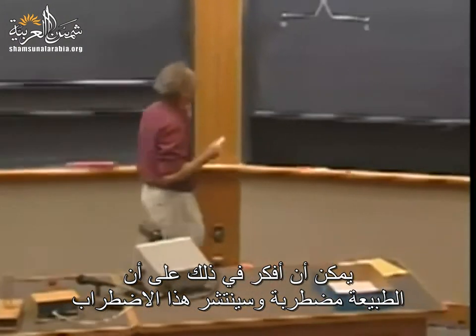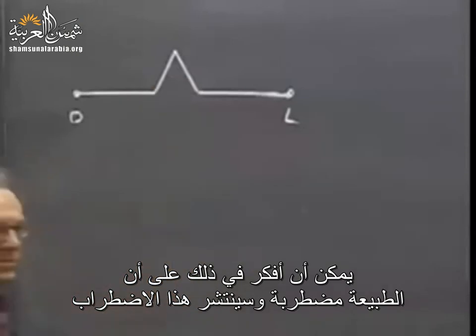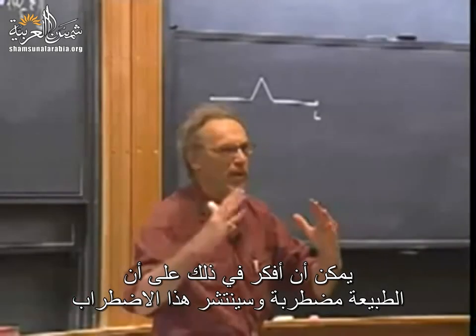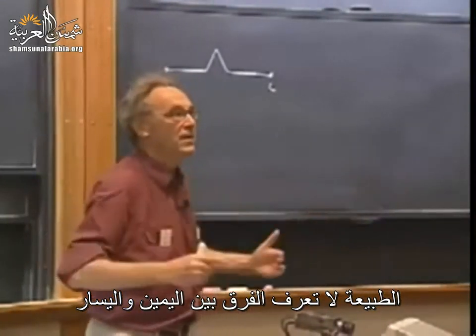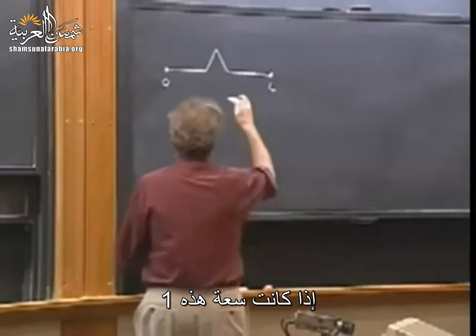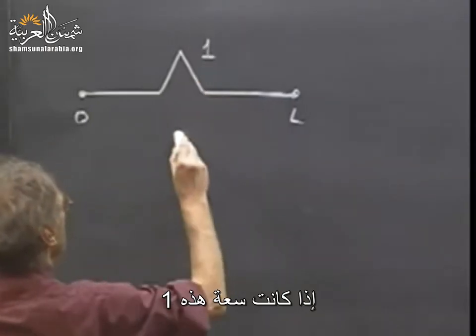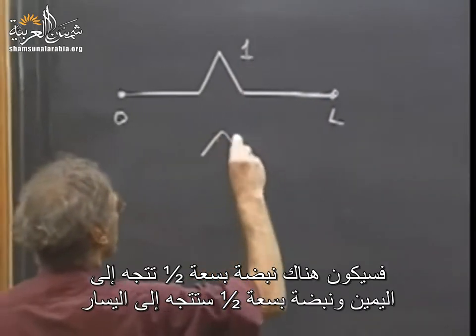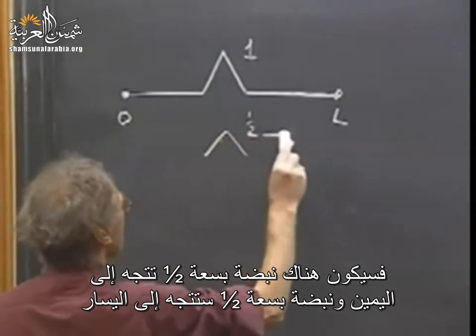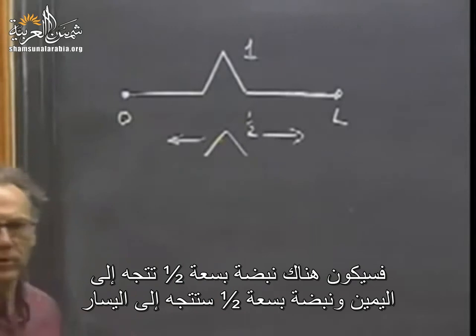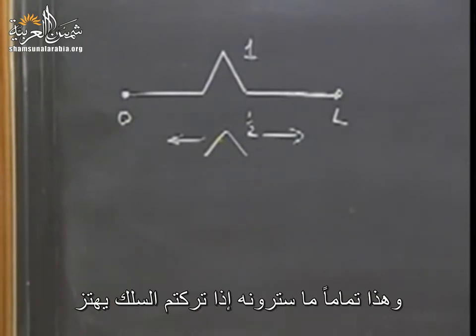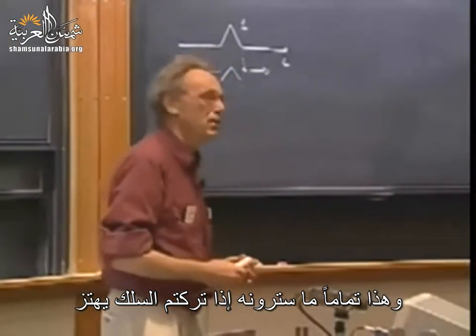I can also think of it that nature is seeing a disturbance, and it says, well, we're going to propagate this disturbance. Nature doesn't know the difference between left and right, and so clearly what will happen, if this has an amplitude A, there will be a pulse with an amplitude 1/2 which goes in this direction, and one with the same 1/2 which goes in that direction. And that is exactly what you're going to see when you let it go.